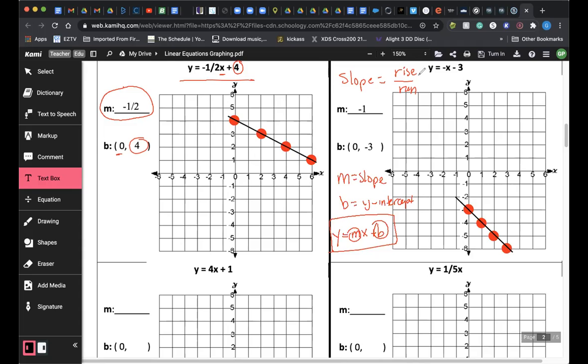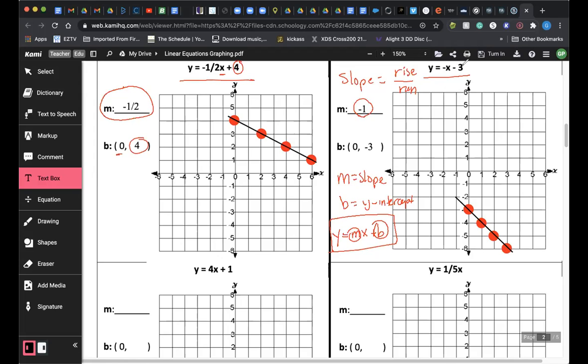The same thing is going to work over here with this line. It says y is equal to -x minus 3. There's no visible number in front of this x, but anytime I see a variable, I have to assume that the number 1 is in front of it. And so my slope is -1.